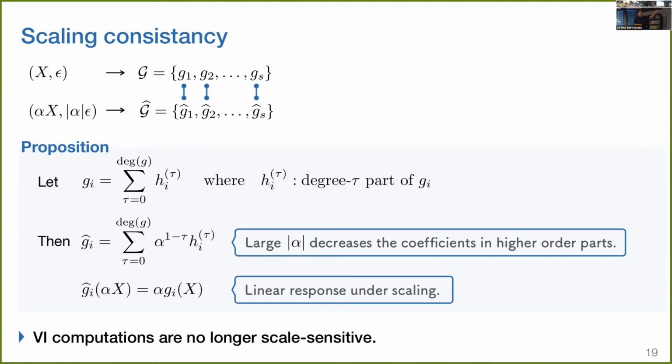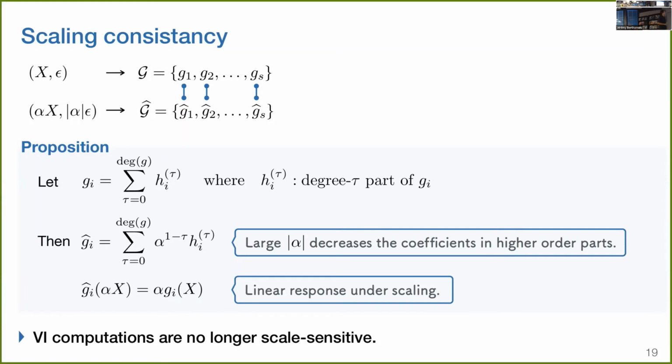Then we can get similar sets of generators. For example, the number of generators in the sets G and G hat are the same. And also between GI and GI hat, we have some explicit relations given here.